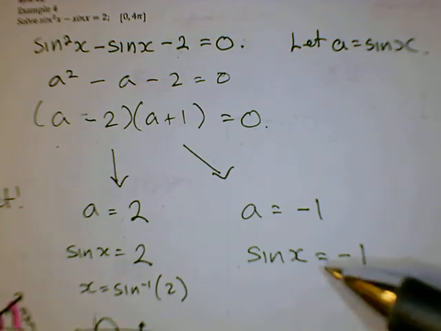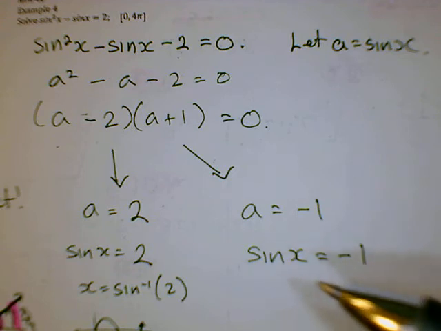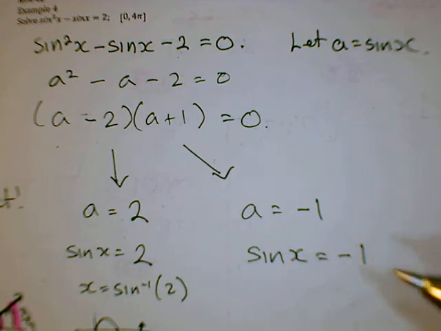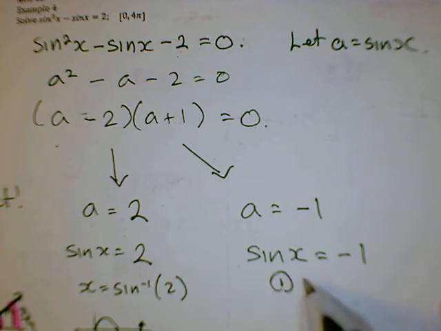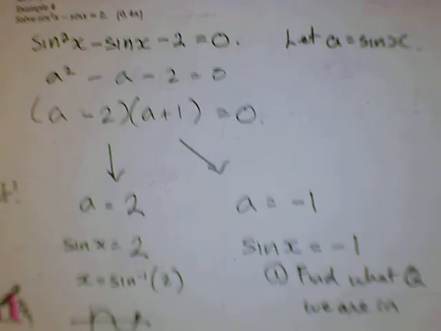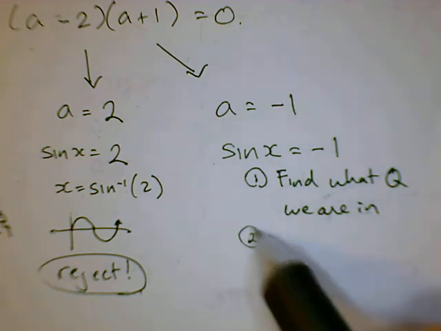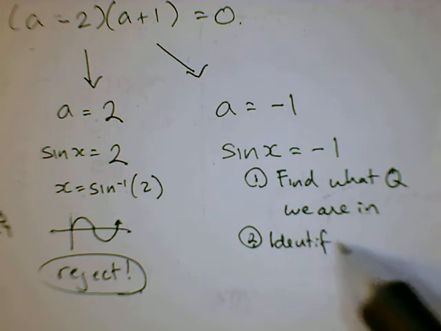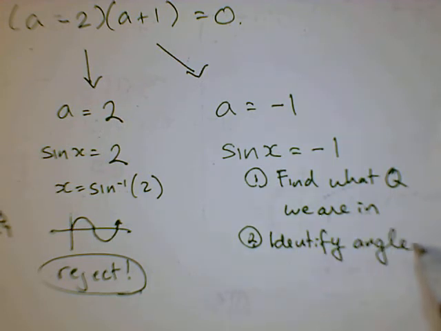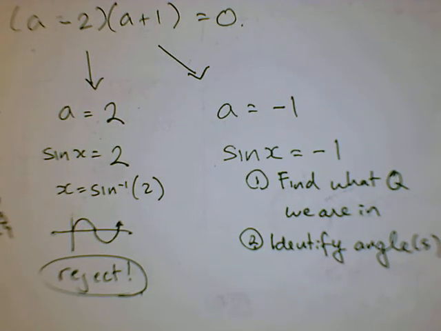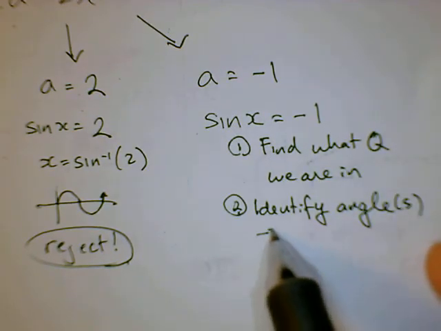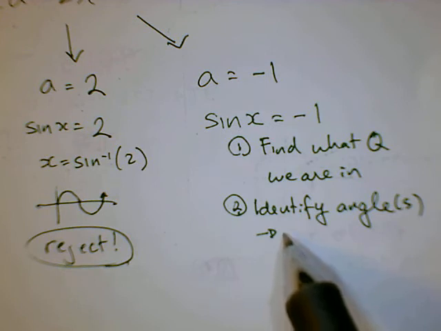Which brings us to this. I'm going to challenge you right now. Sine x equals negative 1. Step 1: find what quadrant we are in. Step 2: identify the angle.